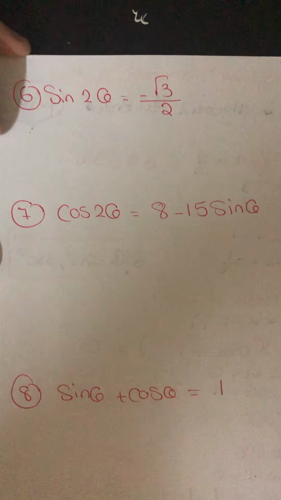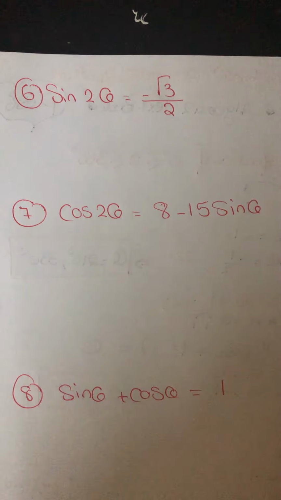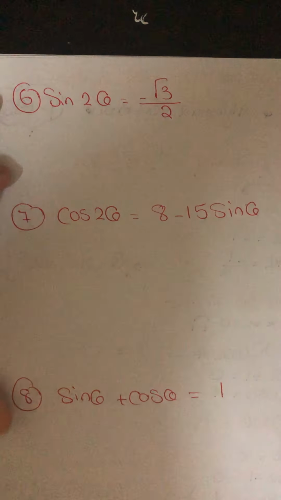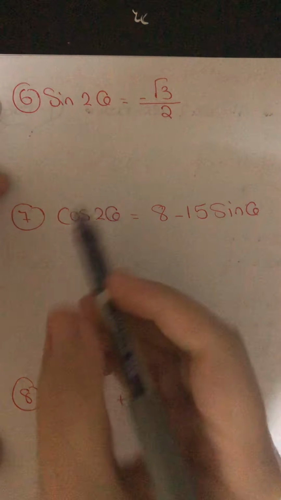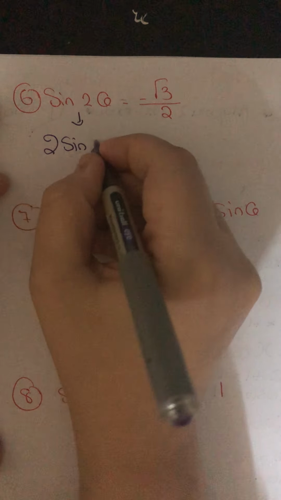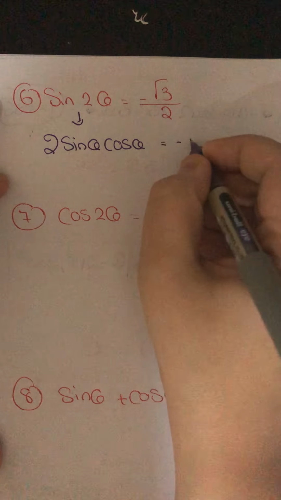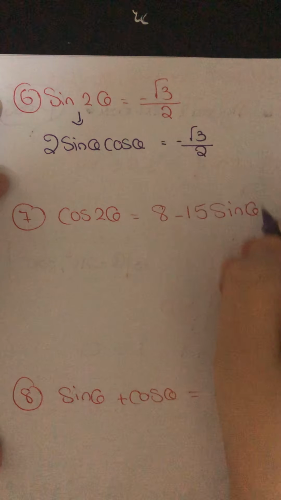So over here I have sine 2 theta equals negative root of 3 over 2. Okay, we've taken double angle identities. For this one it is 2 sine theta cosine theta, right, equals negative root of 3 over 2.